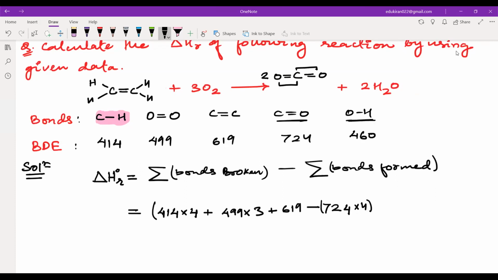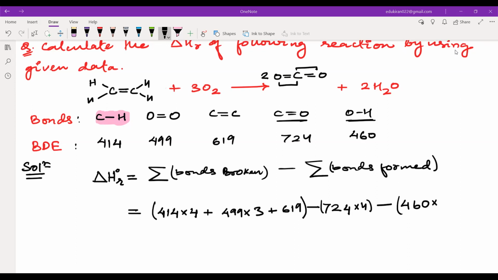Tell me, formed or broken? Formed. So again minus sign, right? Now you tell me, 460 into how many of these are formed? How many OH bonds are formed?